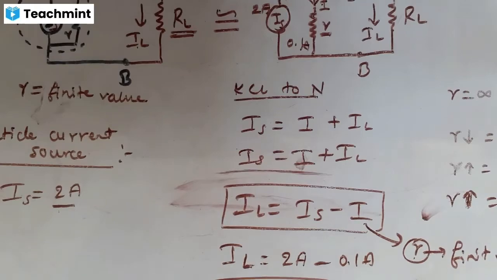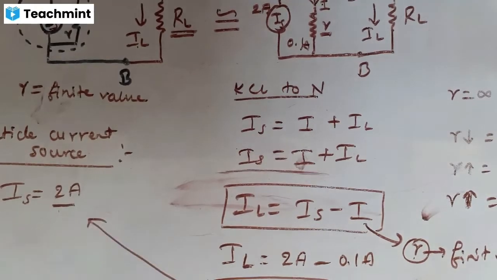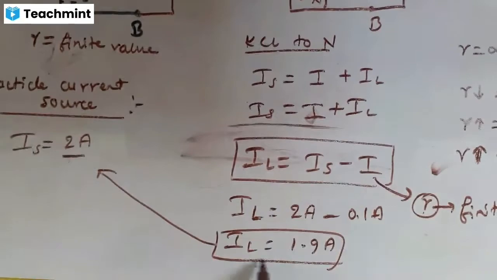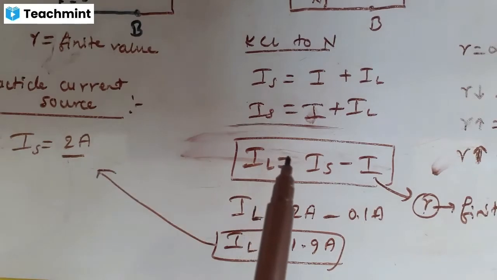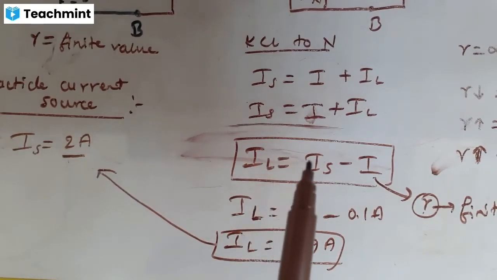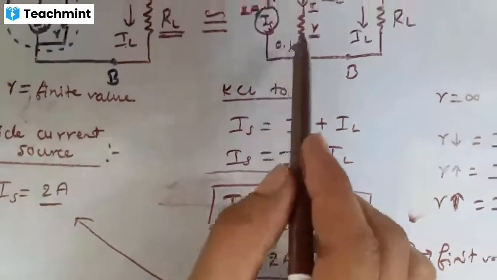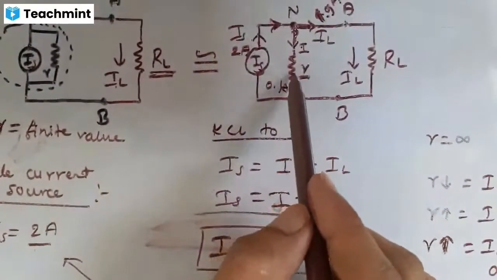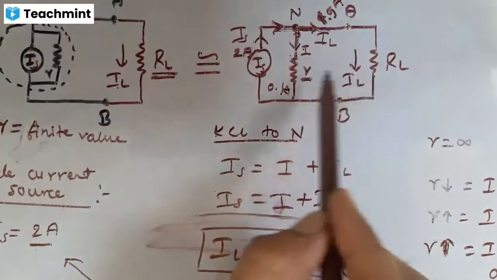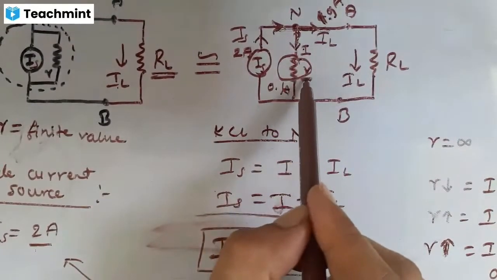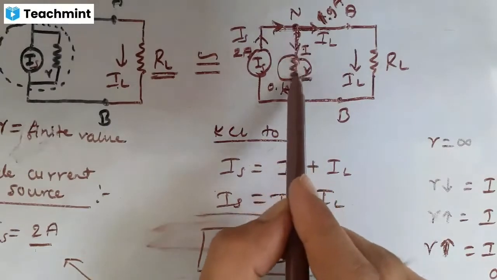This IL is not equal to this IS. Why? It has some finite resistance which is connected in parallel. You can see in the circuit diagram also. If it is infinite, no current will flow through it. All current will flow through this RL. But if it has some finite value, a small current will flow here.